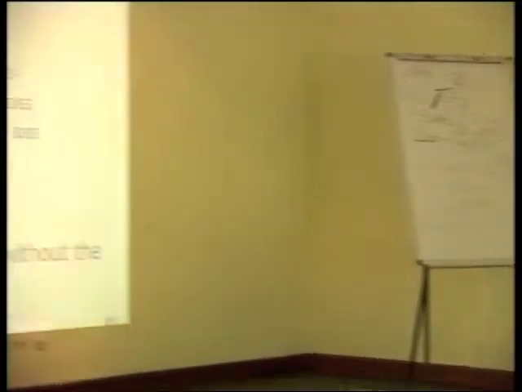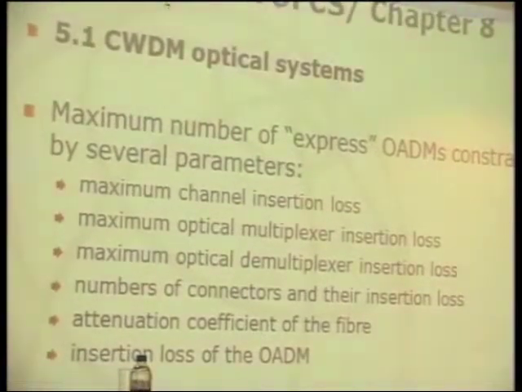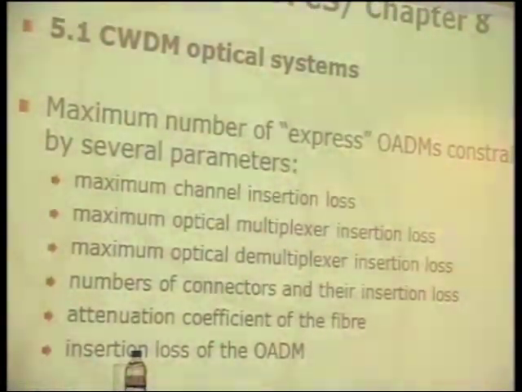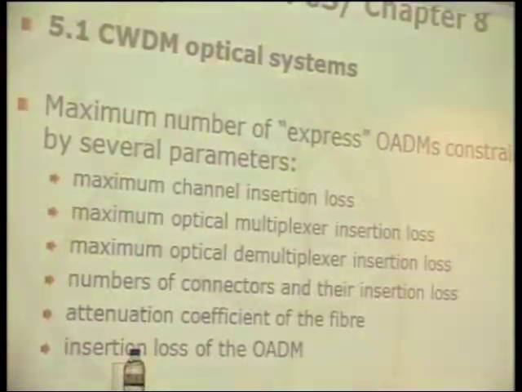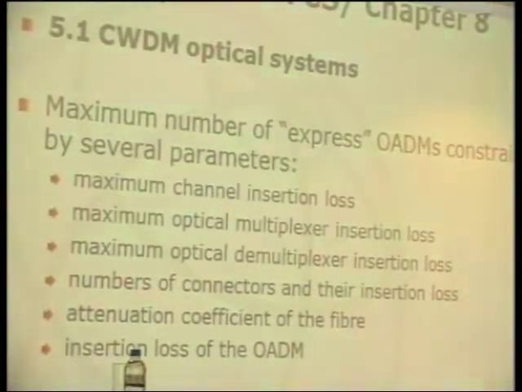So we have some parameters to consider which deal both with loss and with noise. I have insertion losses because on the pass-through system I will have a loss which is due not to the fiber or to the link, but to the OADM. This is true both for multiplexer and demultiplexer.